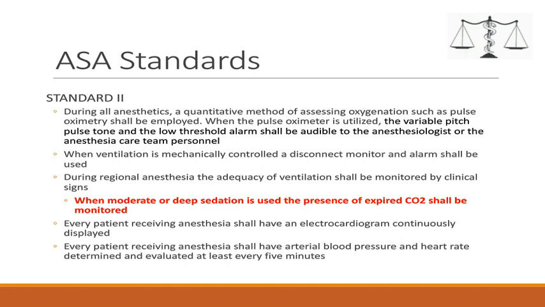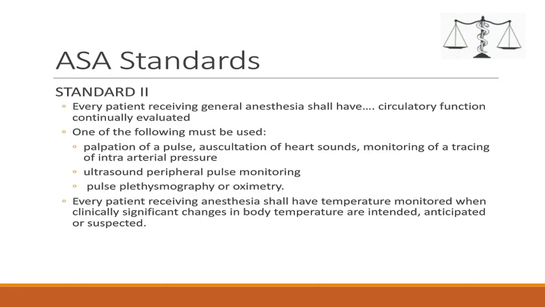and every patient receiving any kind of anesthetic has to have their blood pressure and pulse rate measured every 5 minutes or more frequently than that, depending on the patient's condition, the operative procedure, and the like. Every patient who has a general anesthetic has to have a way of monitoring the circulatory function. We almost always use the pulse oximeter.